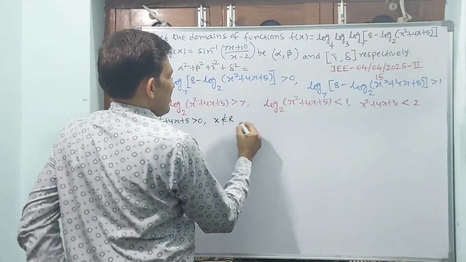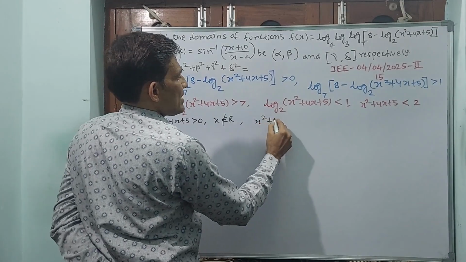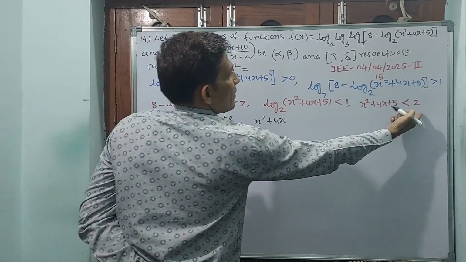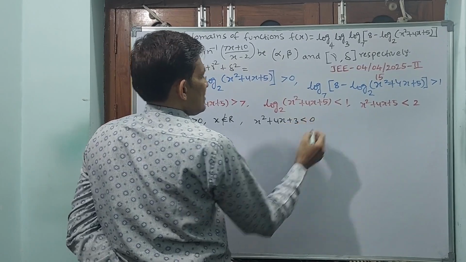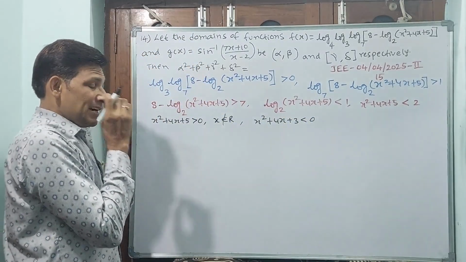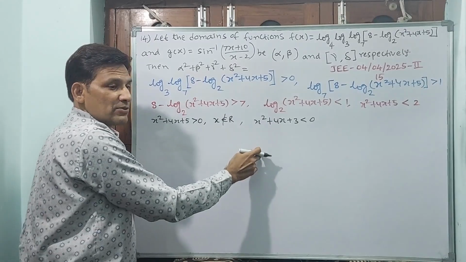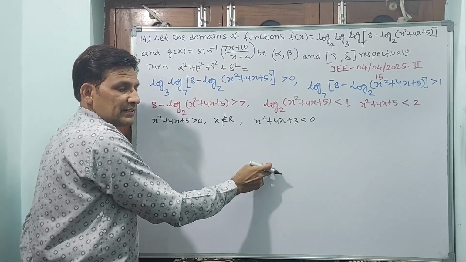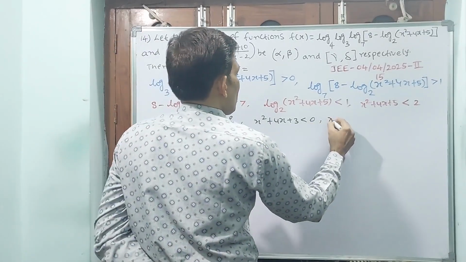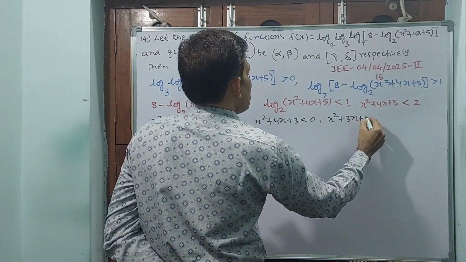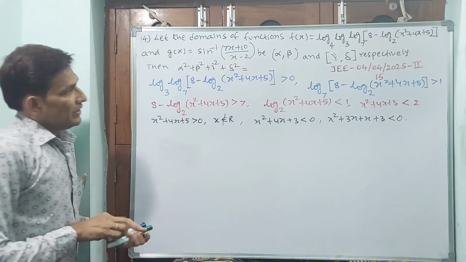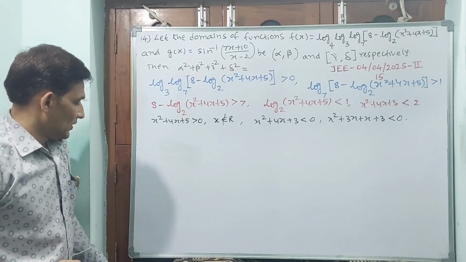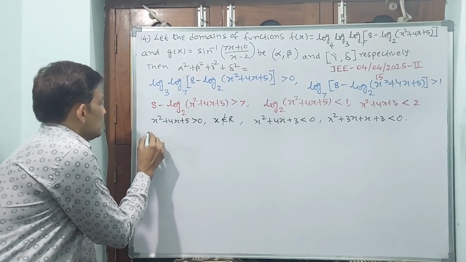Now go for that. Shall I write x² + 4x − 2 + 5 = x² + 4x + 3 is less than 0? Is it okay? Now here 1 into 3, 3 plus 1 has to come. That means x² + 3x + x + 3 should be less than 0.